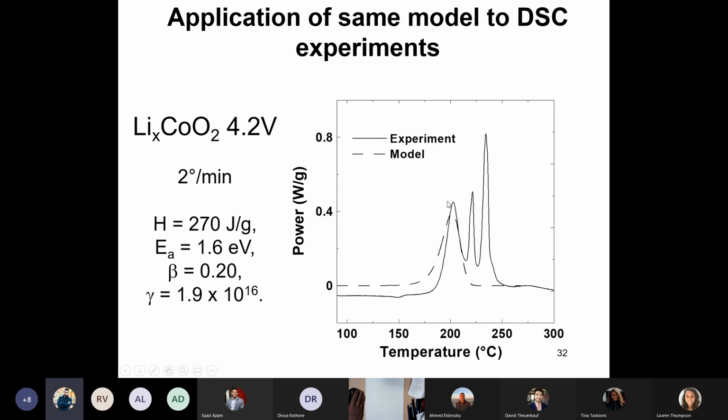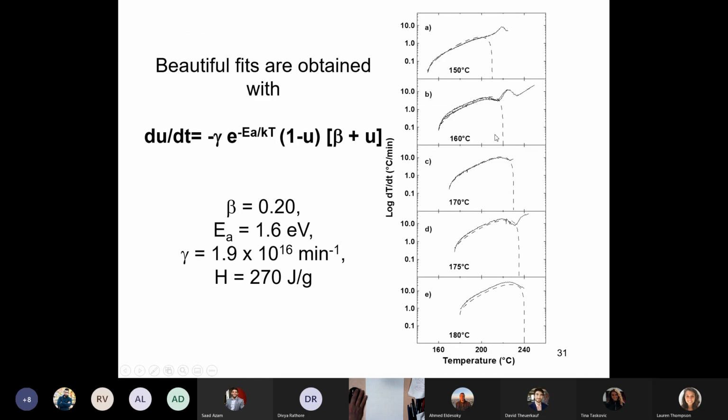And I'll just tell you that the way that we figured out what was going on in these steps is you take accelerating rate calorimeter and you let it run up to this temperature here, and then you quench the sample and you take it apart and do X-ray diffraction on it to see what has happened to the solid.